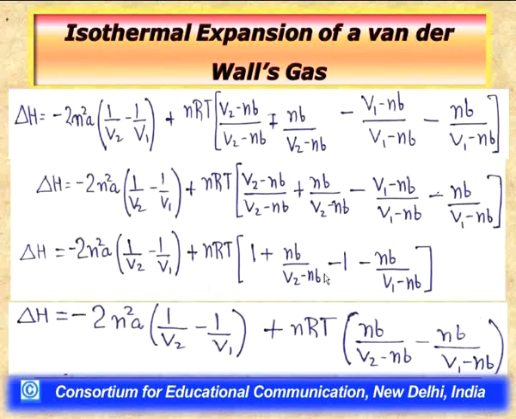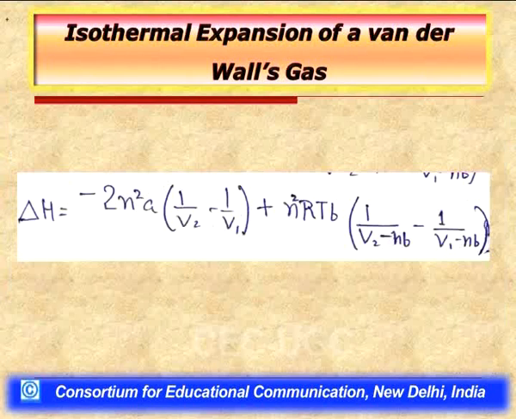So it becomes 1 plus nb by V2 minus nb, minus 1 minus nb by V1 minus nb, and 1 cancels. So this is how we derive the value of delta H also, which is equal to minus 2 n square A into 1 by V2 minus 1 by V1 plus nRT into, within bracket, nb by V2 minus nb minus nb by V1 minus nb.